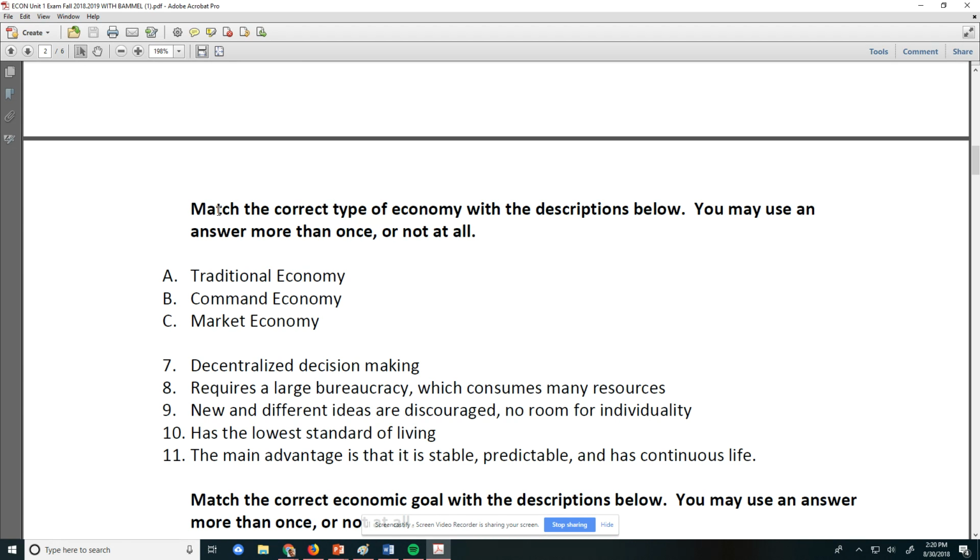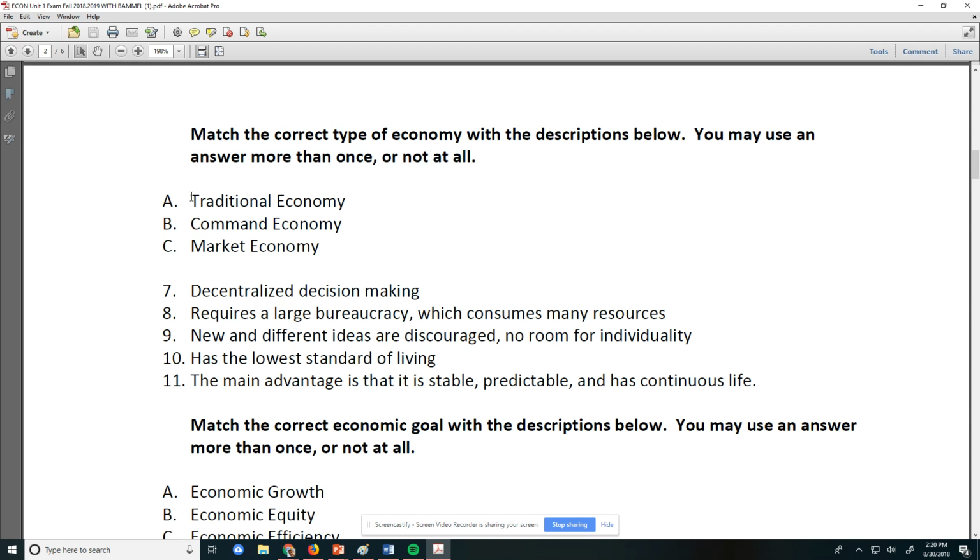Match the correct type of economy with the descriptions below. You may use an answer more than once or not at all. A, traditional economy. B, command economy.